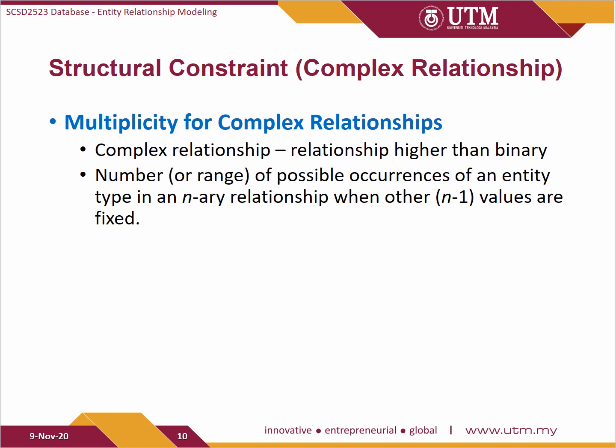Okay, move on to the multiplicity for complex relationships. For example, the multiplicity for a ternary relationship represents the potential range of entity occurrences of a particular entity in the relationship when the other two values representing the other two entities are fixed.